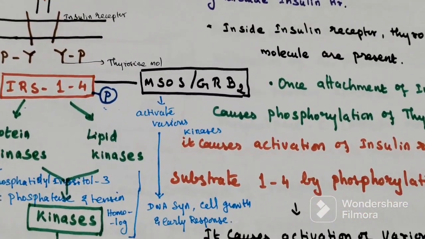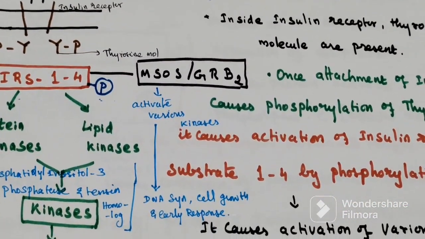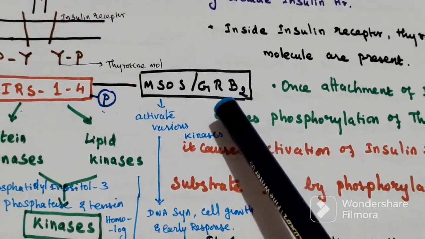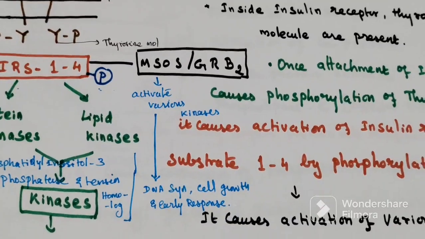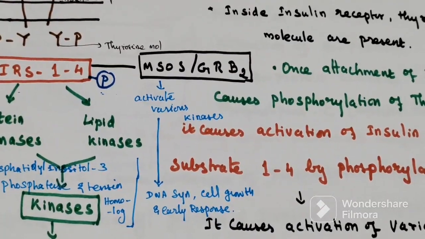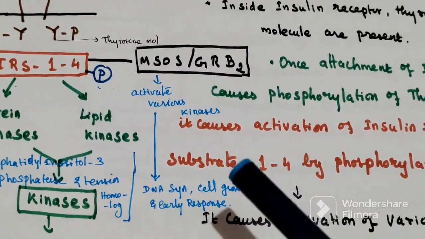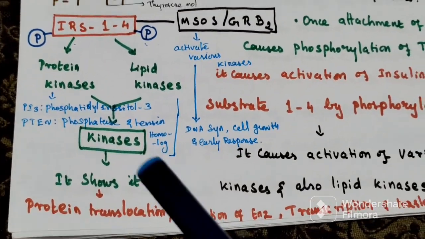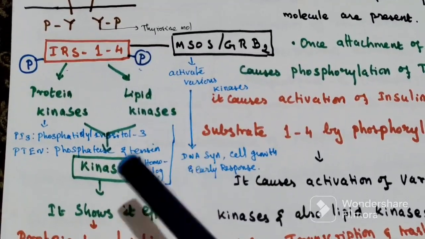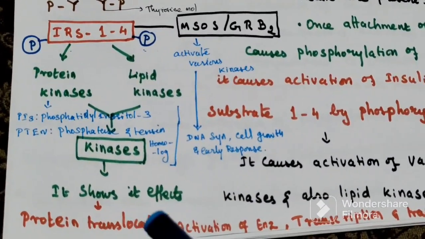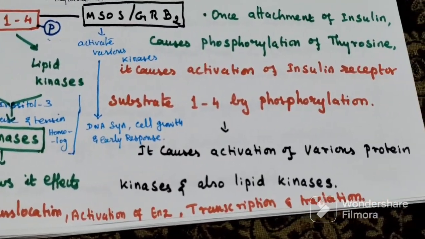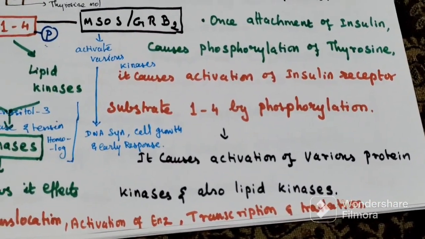It shows biological effect. mSOS and GRB2 activate various kinases in the form of DNA synthesis, growth factor, and early response. These protein kinases and lipid kinases show their effect in the form of protein translocation, activation of enzymes, transcription and translation.